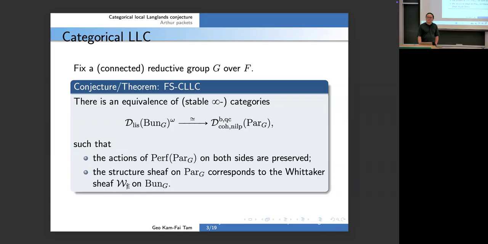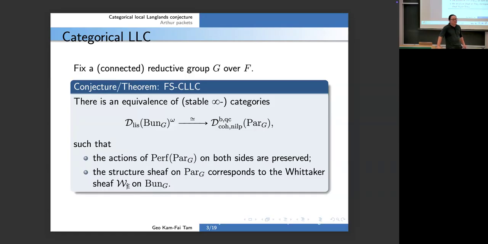I'm sorry, can you say again what Par_G is? Par_G is the moduli stack of the parameters of G. So I will explain it later. Bun_G is the moduli stack of G-bundles over X_S, the relative Fargues-Fontaine curve.